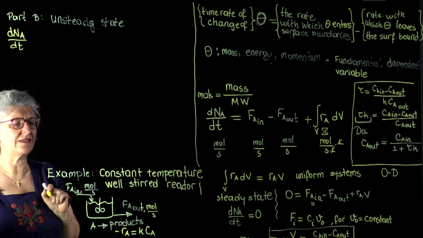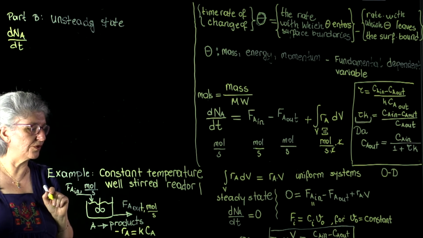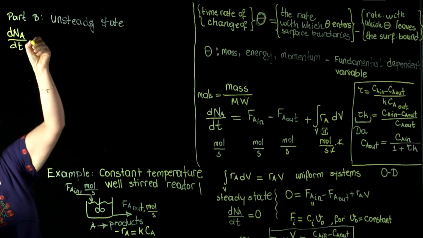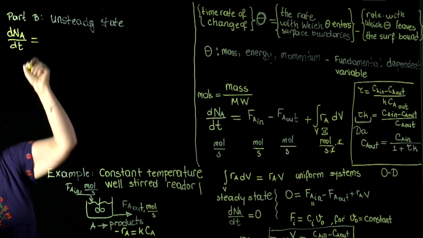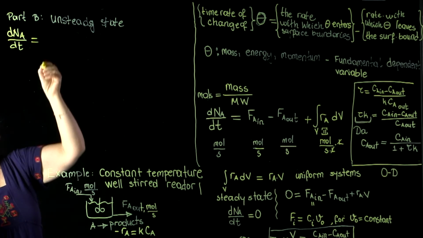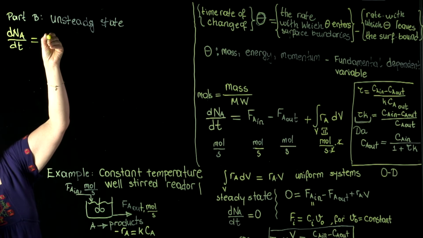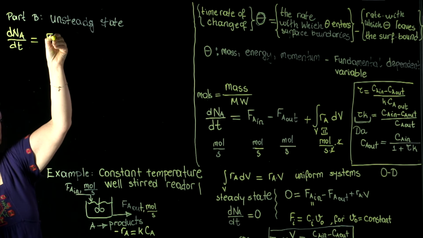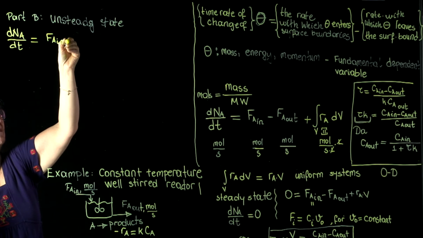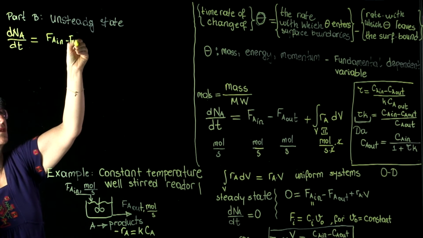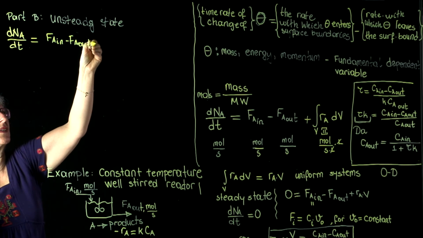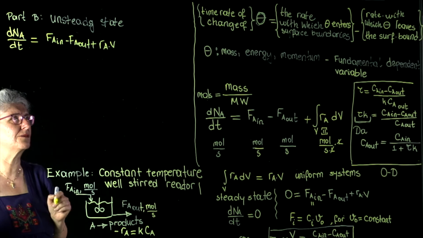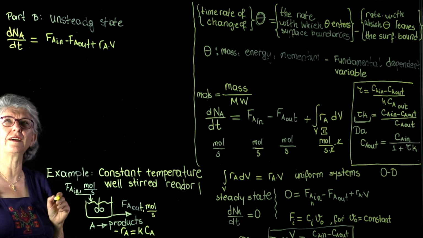In this case, due to some event, the number of moles of A is changing within our system boundaries. Startups and shutdowns are very good examples of the unsteady state behavior. dNA over dt is equal to FA in minus FA out plus RA times V. Remember, our reactor was uniform and we took RA and V outside the integral.